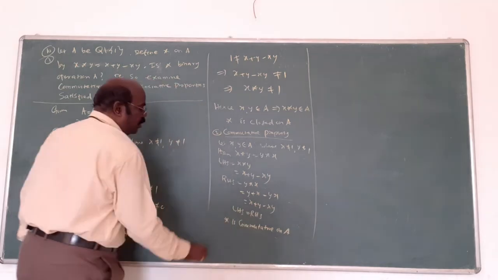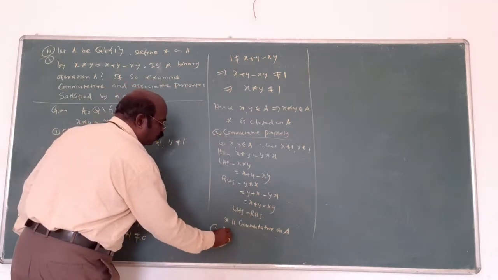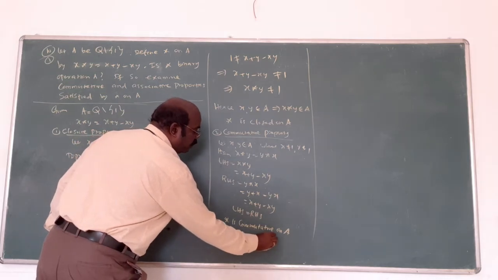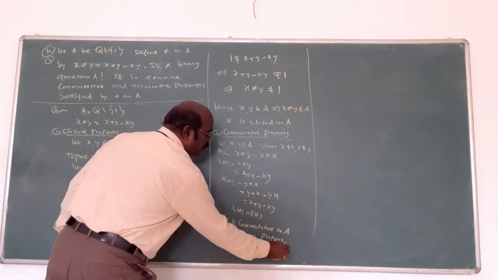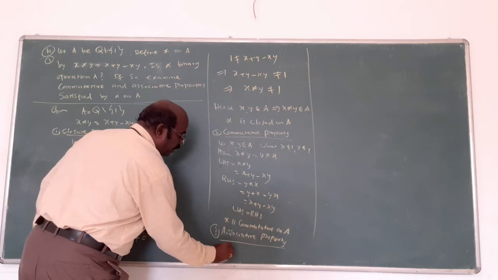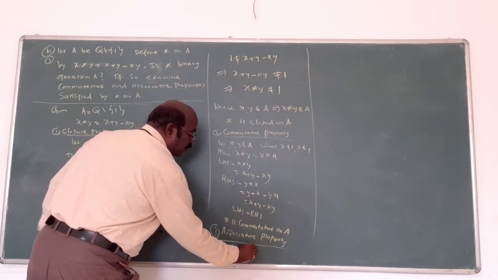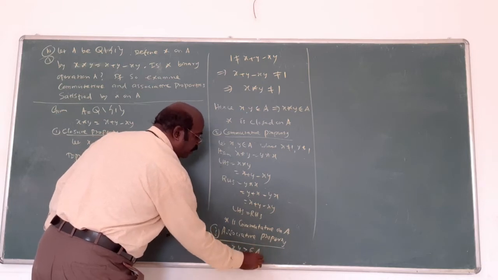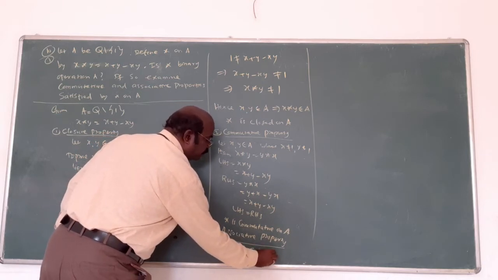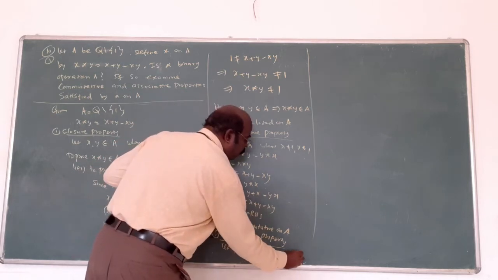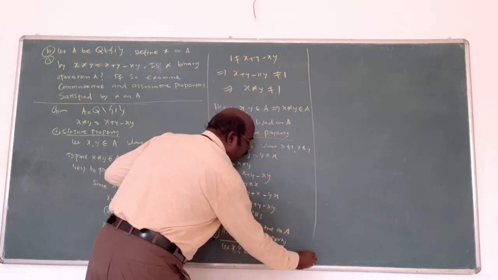The third one is what? Associative property. What I put here? Let x comma y comma z belong to A, where x not equal 1, y also not equal 1, z is also not equal 1.